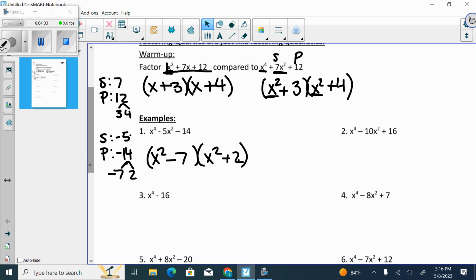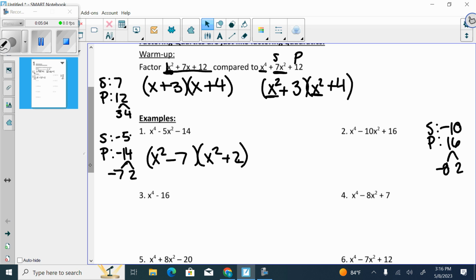All right. Number 2. Does this one have a GCF? No. Okay. All right. So what's S? Good. And what's P? Good. So what do we think of that multiplies to give us 16 and adds to give us 10? It is going to be 8 and 2. What else do we think?